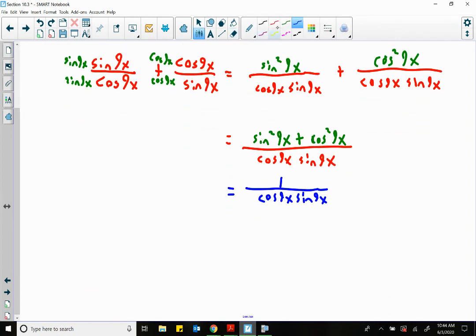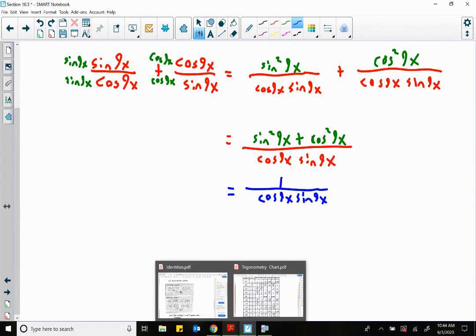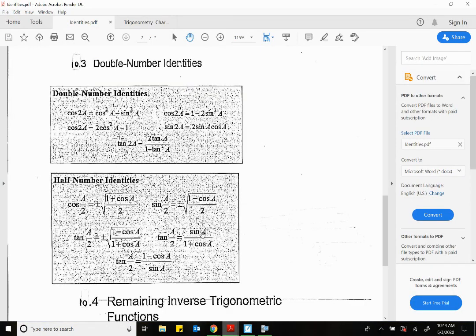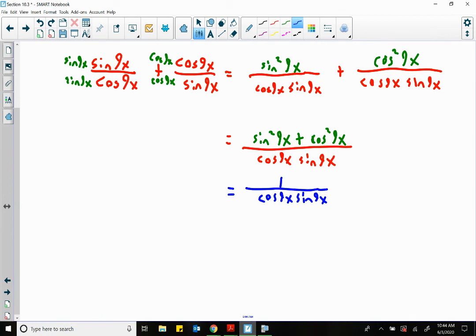So let's take a look at what's going on. If I look at this, it says I need a 2 sine A cosine A. Okay? So I need this to turn into a 2 cosine 9x sine 9x.